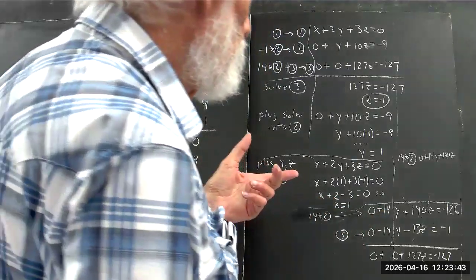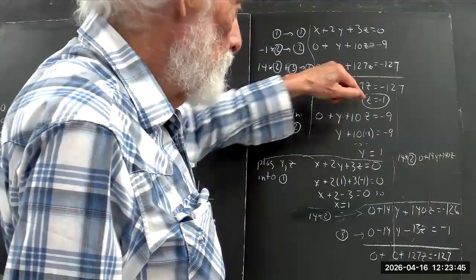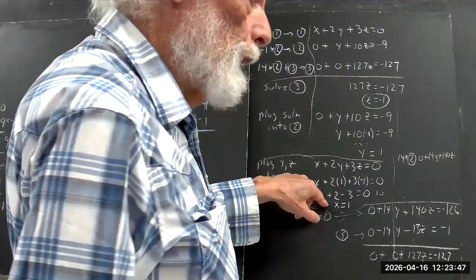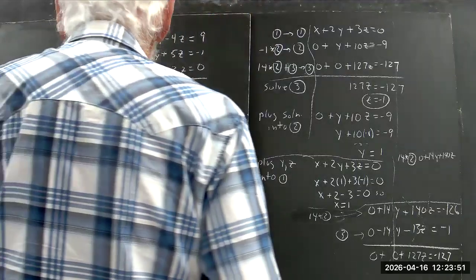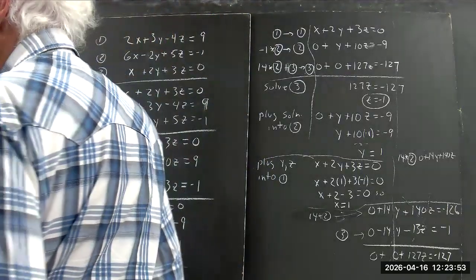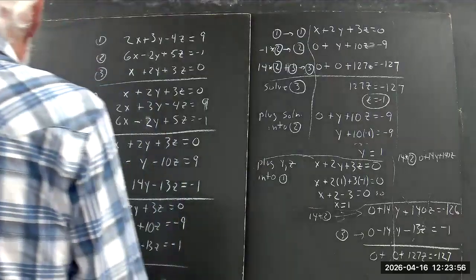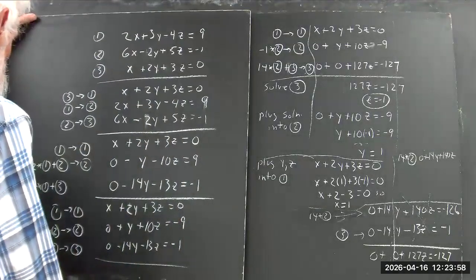Okay, well, what we see now, we found that z equals negative 1. We found that y equals 1. We found that x equals 1. Okay, so the solution to the system is x equals 1, y equals 1, z equals negative 1.